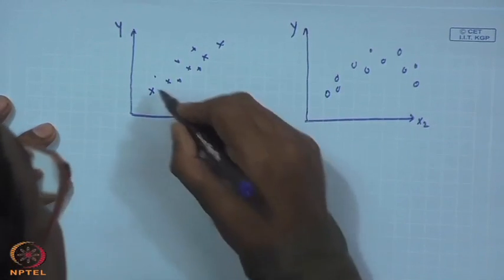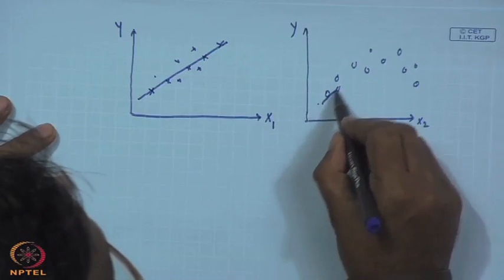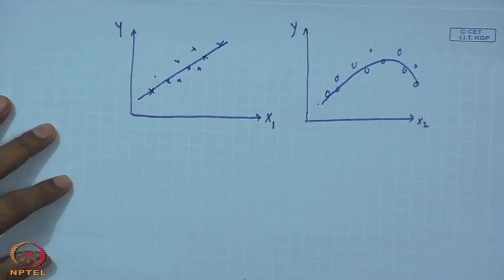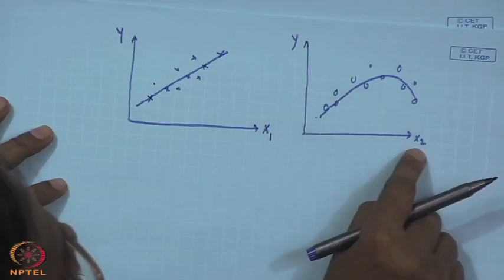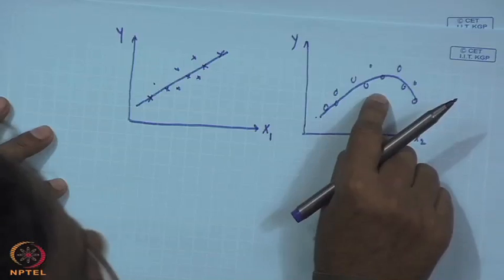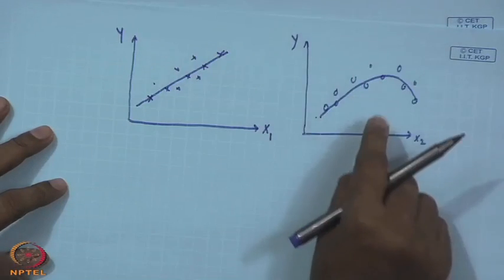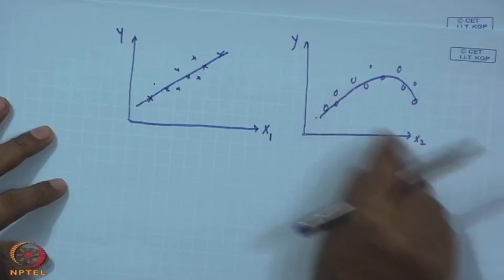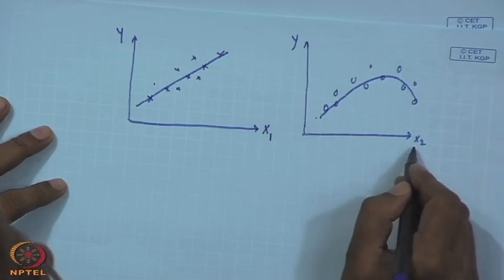So, in the first case there is linearity, in the second case it is non-linear. If the relationship of y versus x is non-linear, then this model is not applicable. What do you require to do then? You have to convert this to linearity. You have to transform the data.